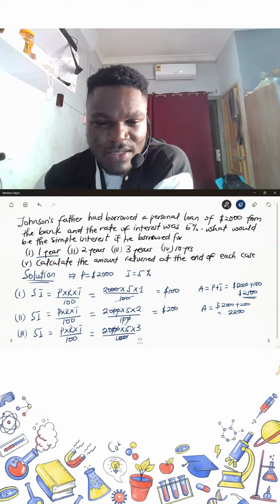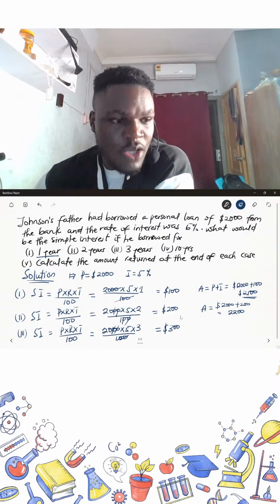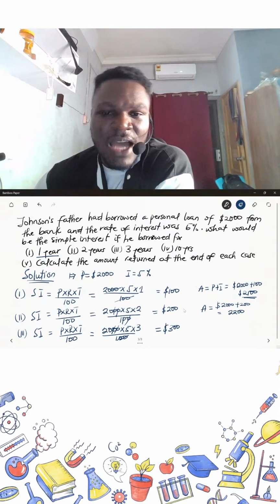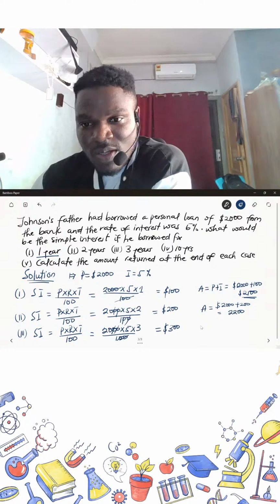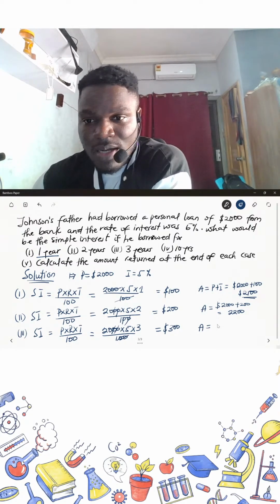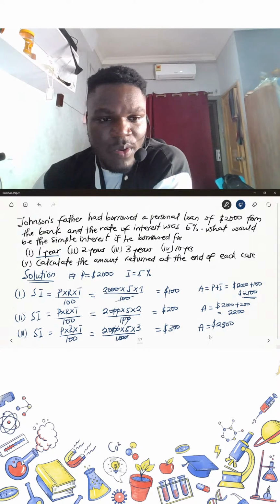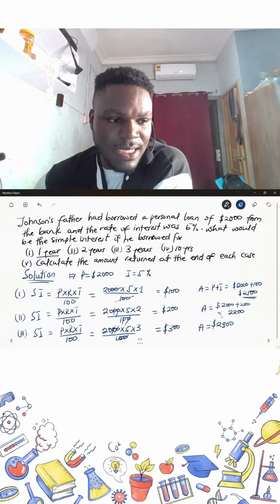The zeros cancel, we have 100, and then 100 multiplied by 3 gives us $300. We can see that the interest every year is increasing by $100. So the amount he has to pay will be 2000 plus 300, which is $2,300, at the end of the third year.